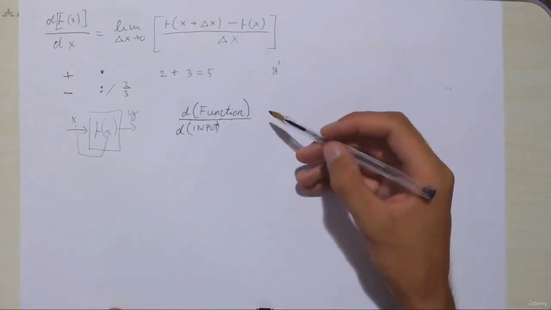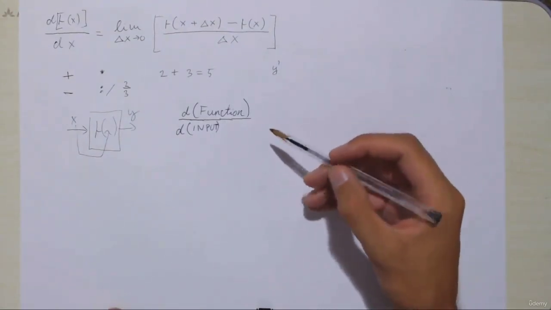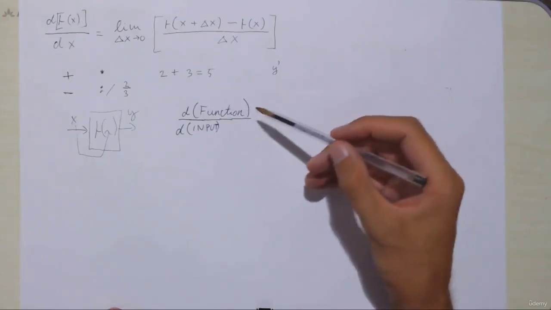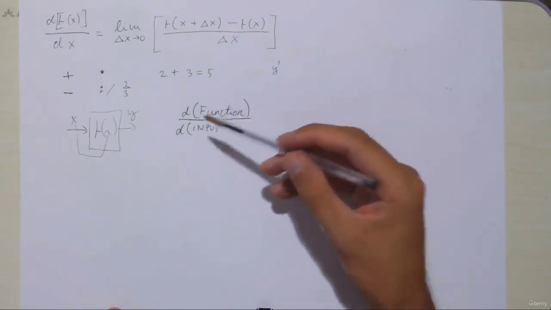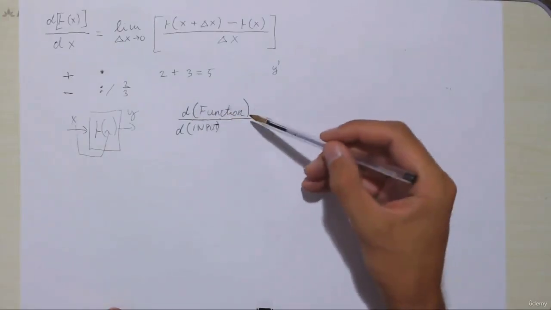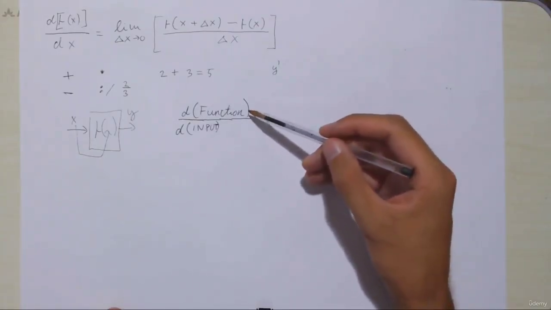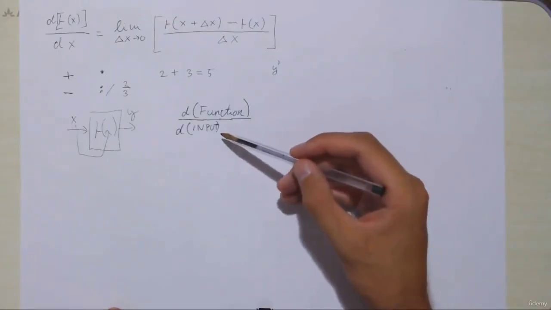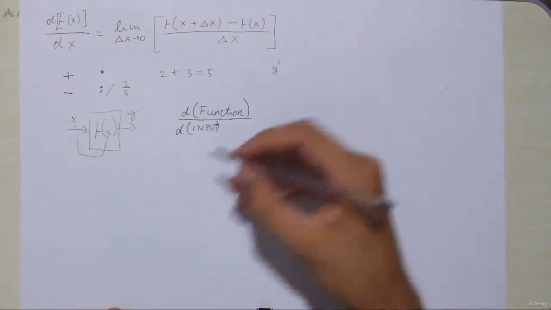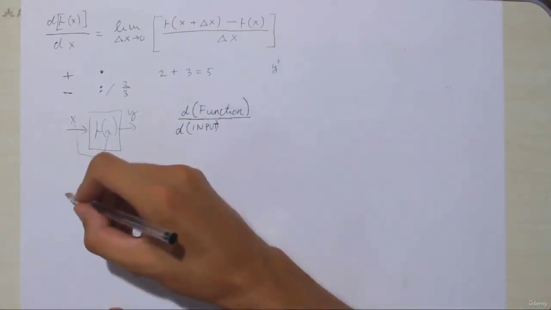So you differentiate a function like that. So it means that you apply this operator to a function, and this operator then differentiates this function with respect to that input.